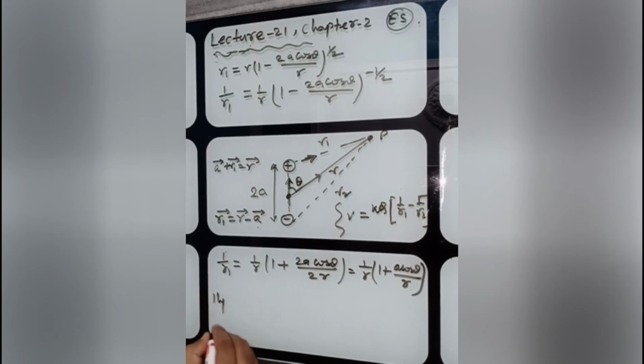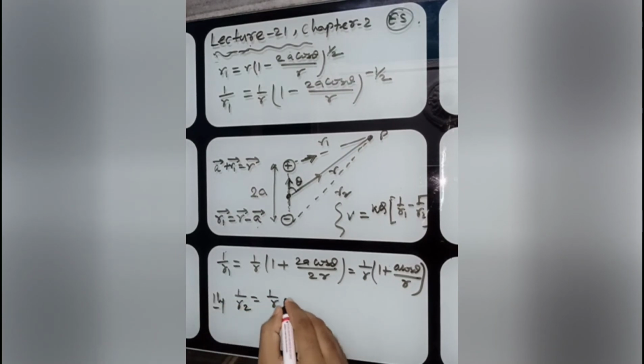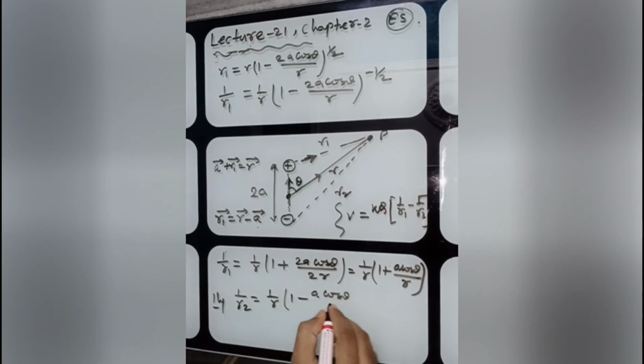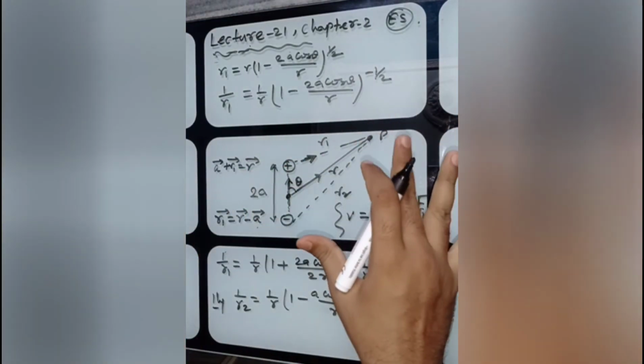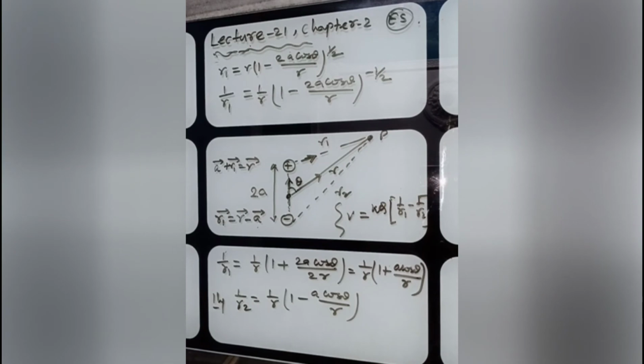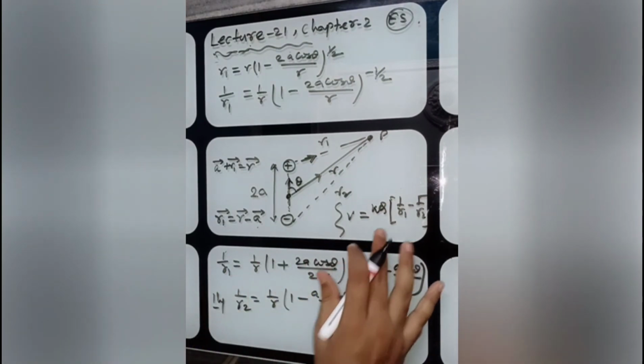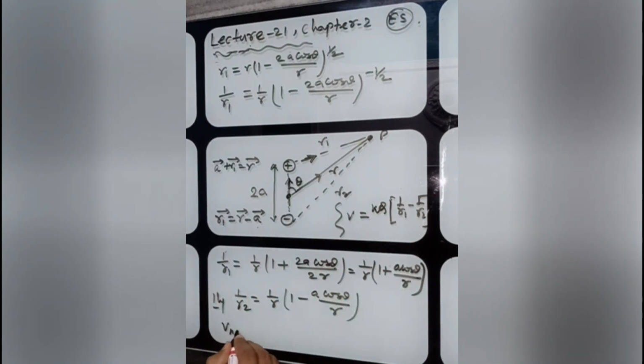Similarly, you can write, my dear students, 1 by R2 is 1 by R times 1 minus A cos theta over R. Okay, you can apply the same method to write it down. In the examination you can write directly. Now we have to put this 1 by R1 and 1 by R2 over here to find the V net.